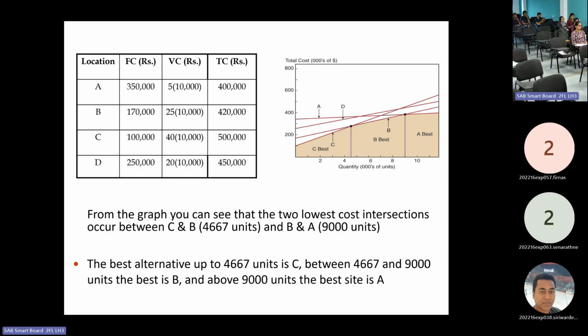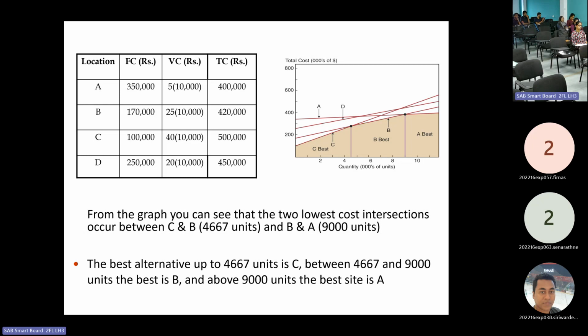At 10,000 units, location A should be recommended, because that is beyond 9,000. A is best. So, a very simple technique. Use it as an idea. Yes, this is another technique.